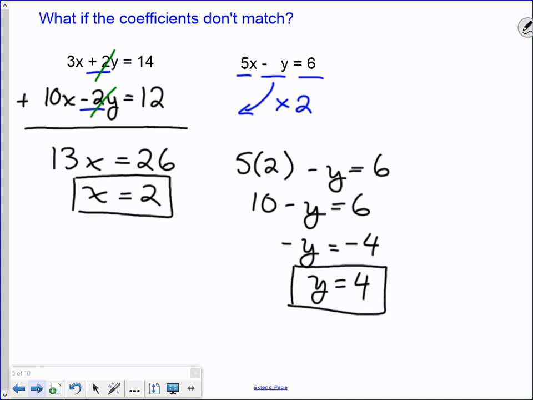So we've got our solution here, x equals 2, y equals 4, or the ordered pair 2, 4. So if the coefficients don't match, we can multiply one equation, or as we're going to see in the next example, we can multiply both equations to get those coefficients to match up.